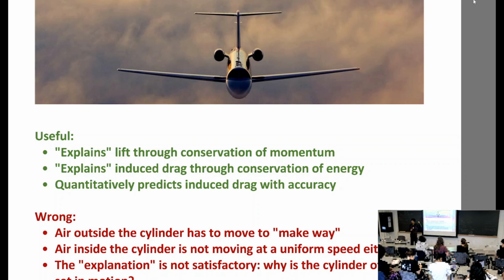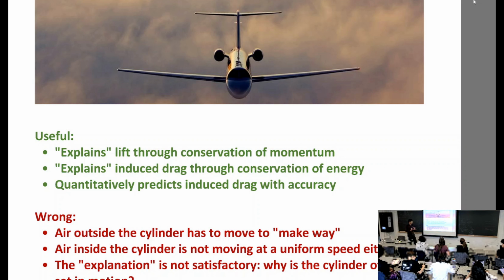So for example, the kinetic energy formula we computed assumes that the only thing moving is the cylinder. That's just not correct, right? There is more kinetic energy outside of the cylinder. And also, as we are going to see, I'm pretty sure next week, the air inside of the cylinder is actually not going to be moving at a uniform speed.